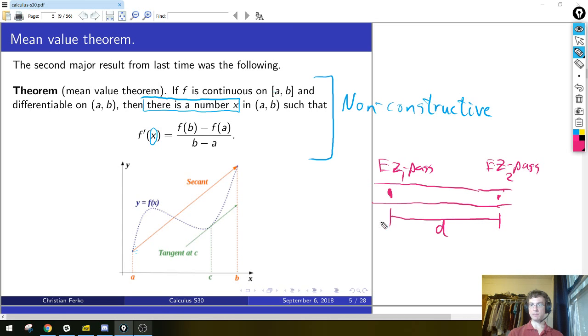So they know exactly at what time you passed the first one, and exactly at what time you passed the second one. They take the distance and divide it by the time it takes you to go from the first one to the second one.